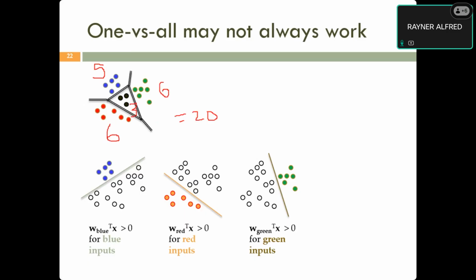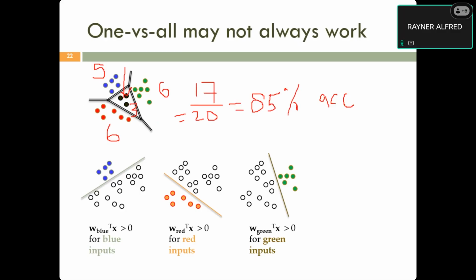So if we are able to predict the green, which is 6, and the blue and the red, but we fail to predict the black one, our accuracy is still 85%. Accuracy. And in our eyes, we say 85% is very, very high.